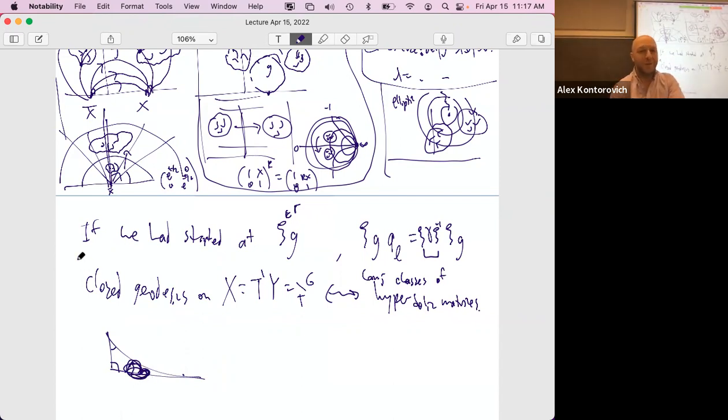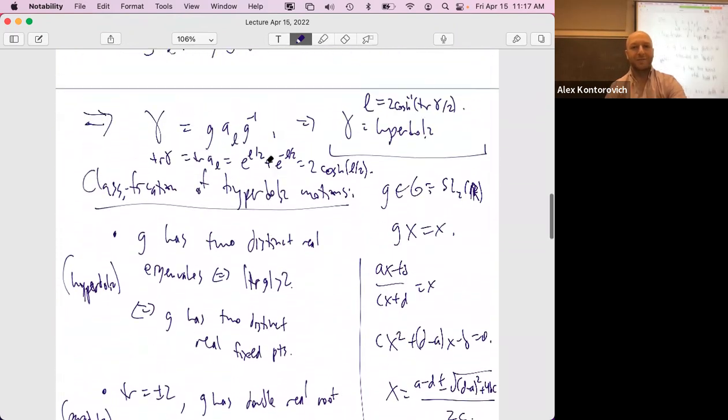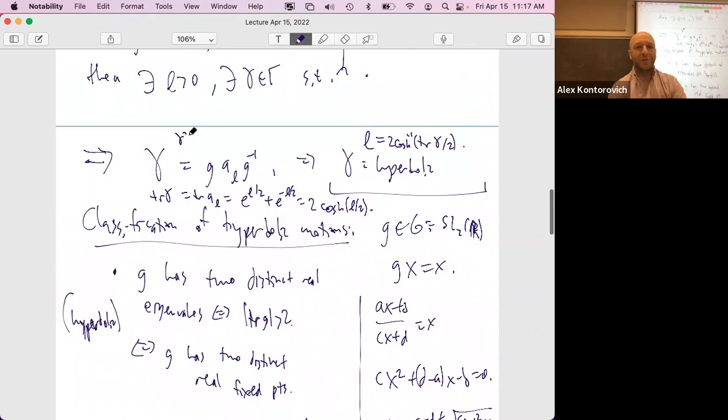So primitive closed geodesics are ones where, in other words, if I square this picture, gamma squared is still G A_L squared G inverse. So L should be the least L for which you get back to a coset representative.